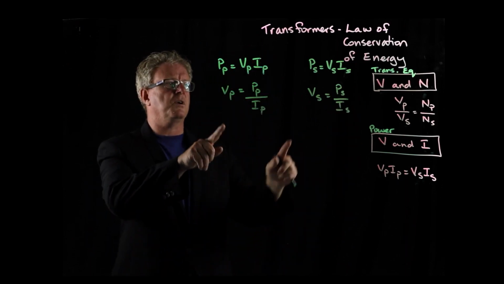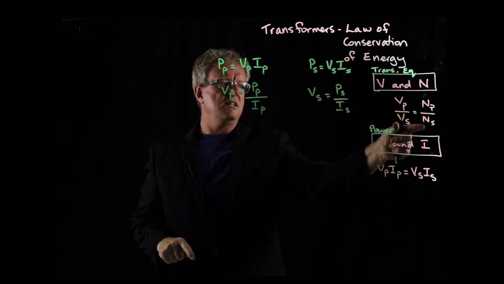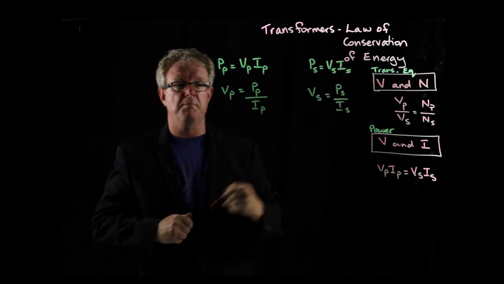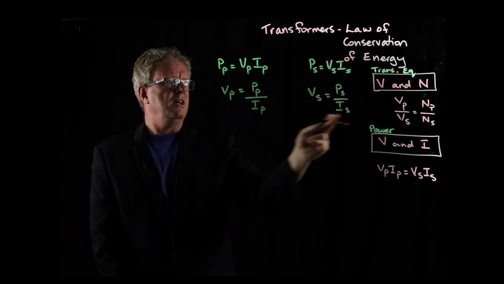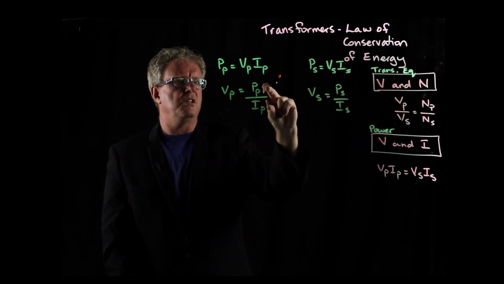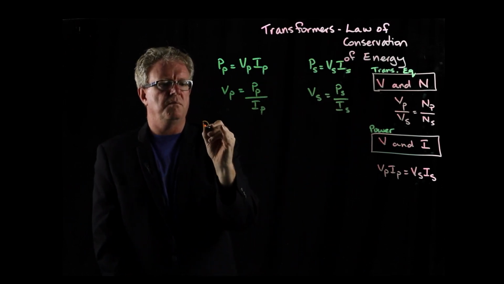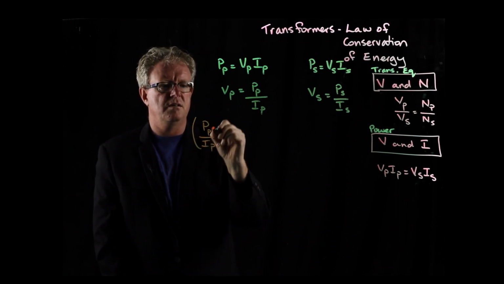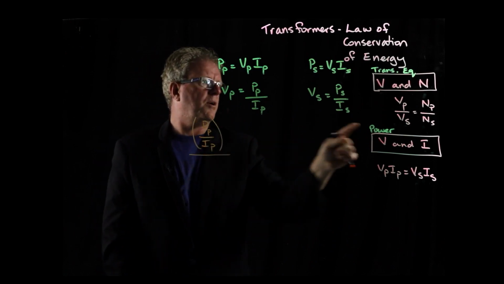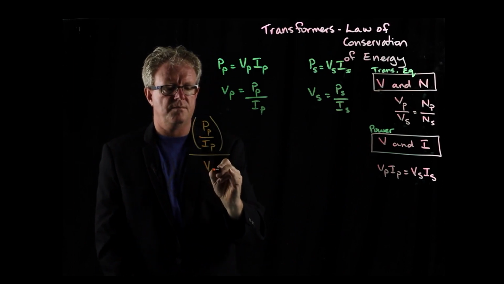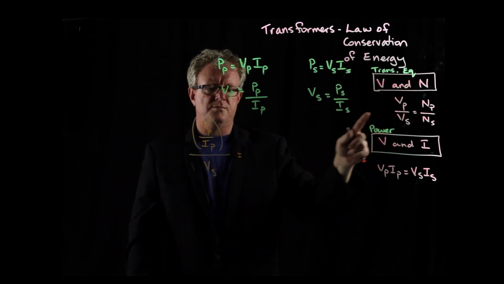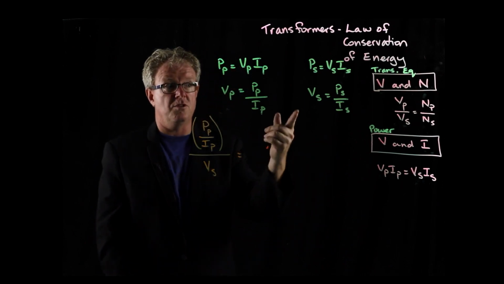Now we've got V the subject, we're going to substitute the Vs into here. So it's going to look a little bit messy to start with, but it's going to get better. Instead of Vp, I'm going to put this. So it's going to be Pp over Ip, so that's our V, divided by our Vs equals, and then I need to substitute the Vs in.